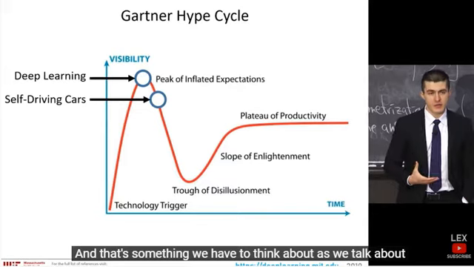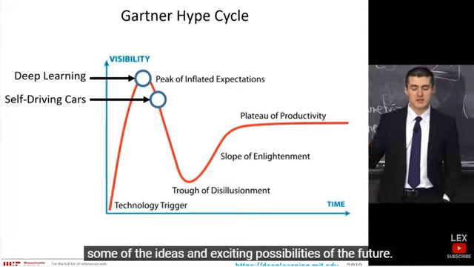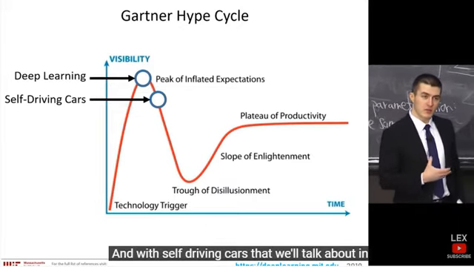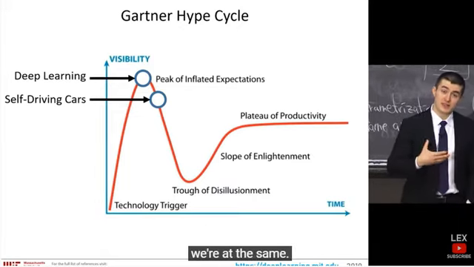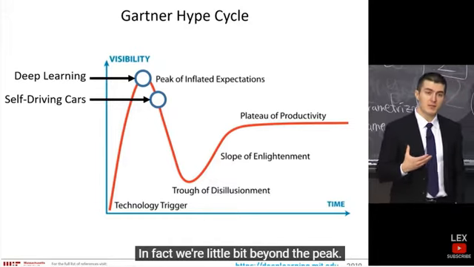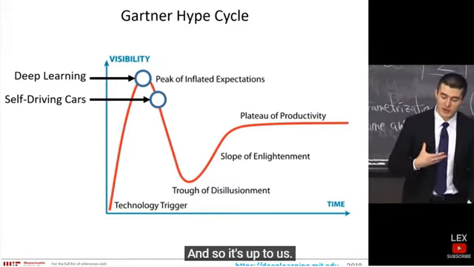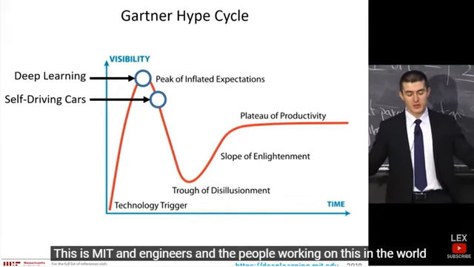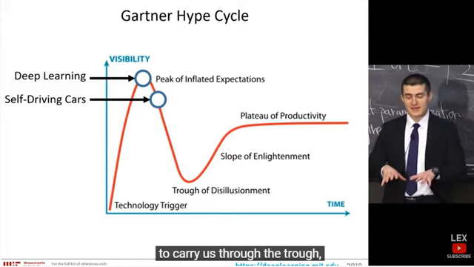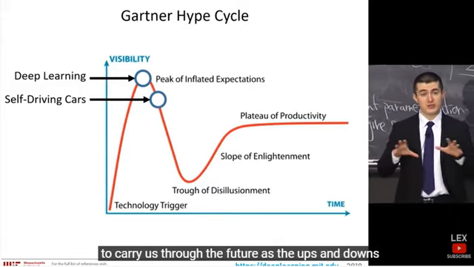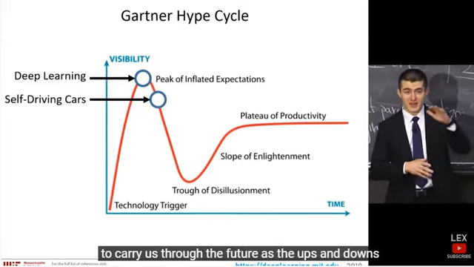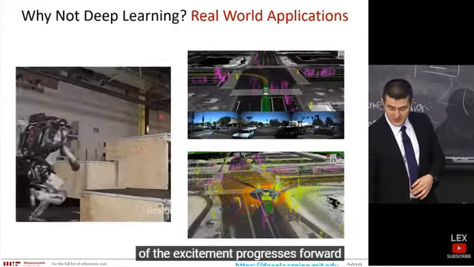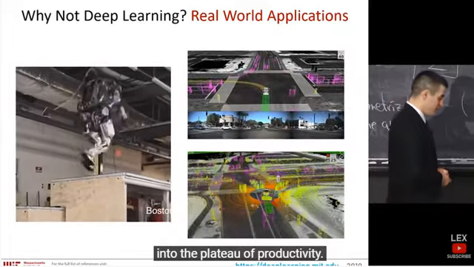And that's something we have to think about as we talk about some of the ideas and the exciting possibilities of the future. And with self-driving cars, which we'll talk about in future lectures in this course, we're at the same point. In fact, we're a little bit beyond the peak. And so it's up to us, this is MIT, the engineers and the people working on this in the world, to carry us through the drought, to carry us through the future as the ups and downs of the excitement progress forward into the plateau of productivity.